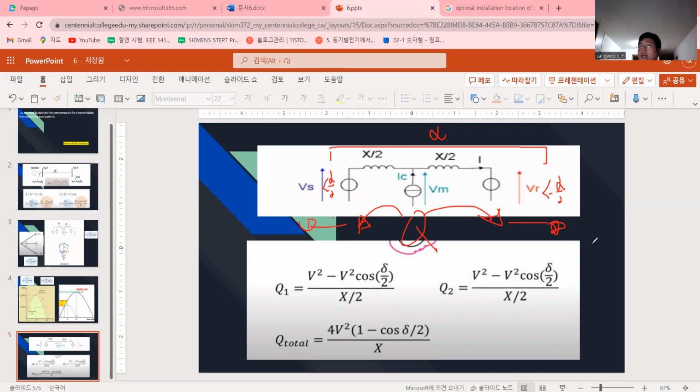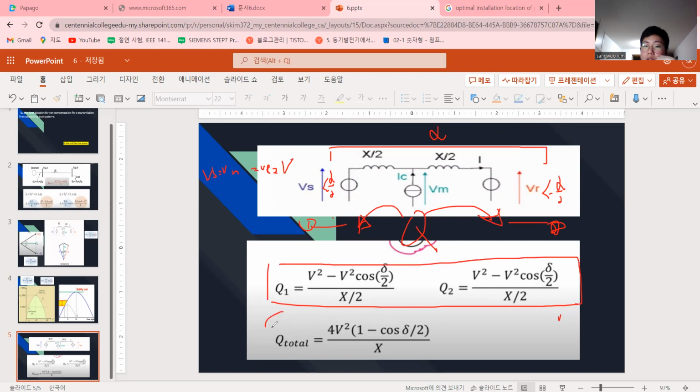You need to supply Q, right? Now it's Vs equal Vm and equal Vr. We say just V, right? So we could calculate these numbers, and the total is we need twice as much Qs compared to previously when we didn't install the var compensation.